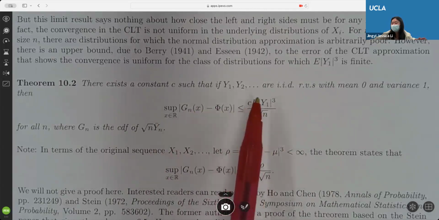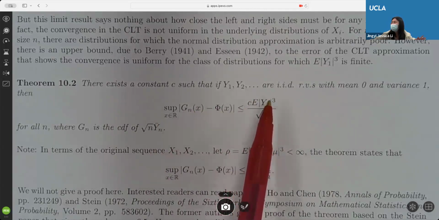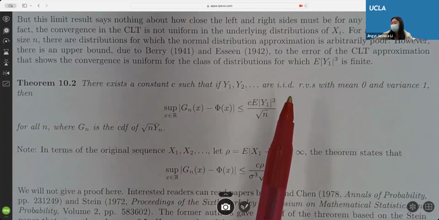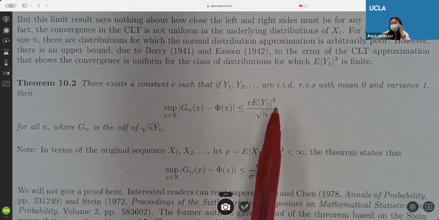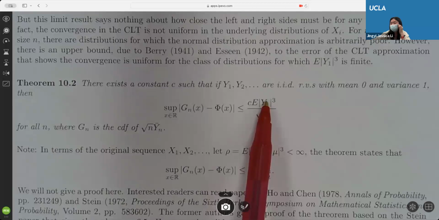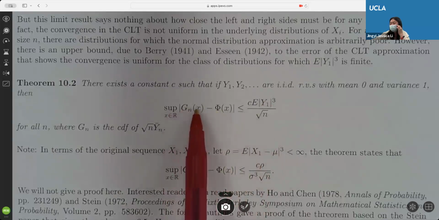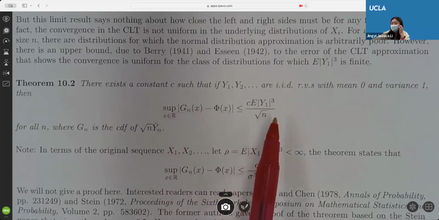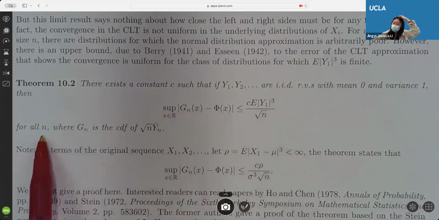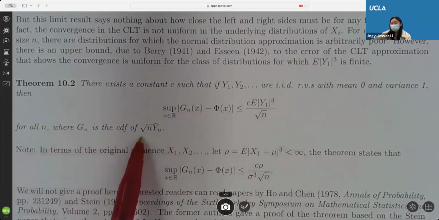C is a constant. The third moment depends on the original sample's distribution, divided by root n. So if the original sample's third moment is finite, then this sup difference goes down at the rate of 1 over root n, for all n.